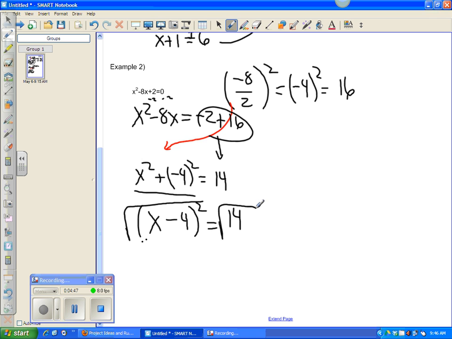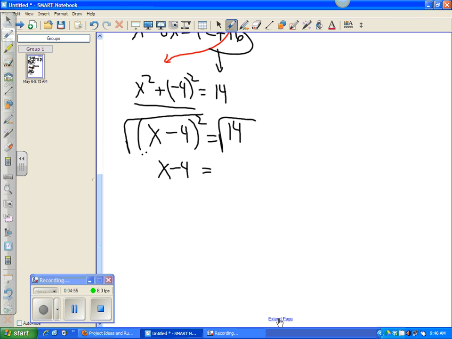This gives me x minus 4 is equal to the square root of 14, which is going to provoke a little, we're going to have to use some of the previous chapters to figure out. So for those of you who haven't seen this, 7 times 2 is equal to 14, and that cannot be factored out. So really we should just leave this alone.